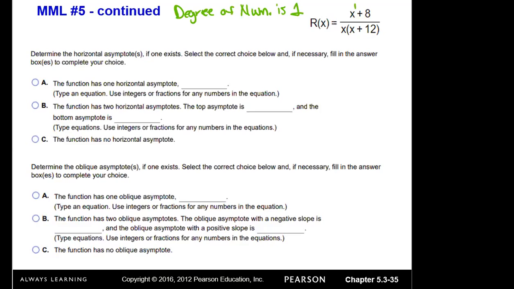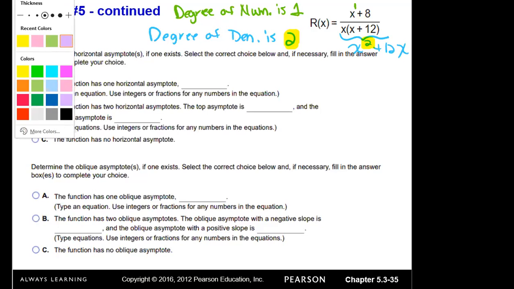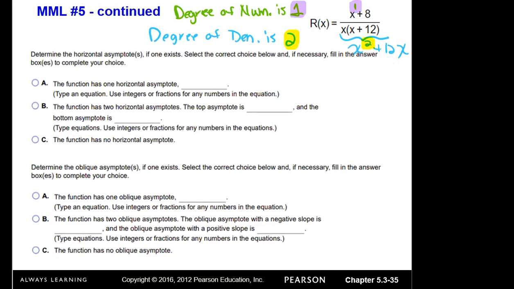It's x to the first right here. But the degree of my denominator is actually 2, because x times an x plus 12 would be an x squared plus a 12x. So I have this 2 right here. And up here I have this 1.